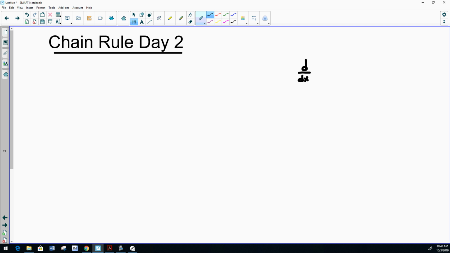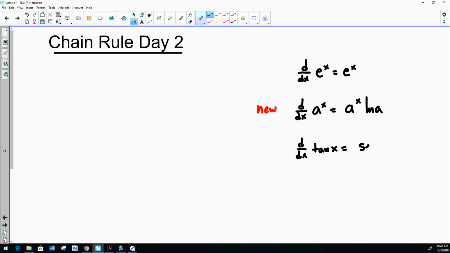So I'll put mu. The tangent and secant are not new, but we haven't been focusing on it.